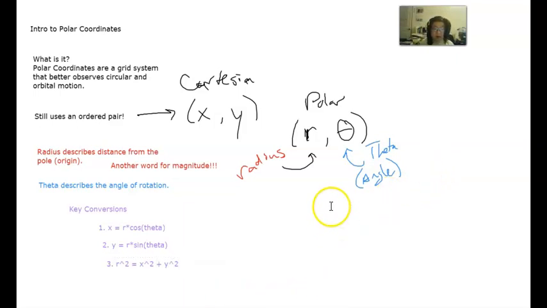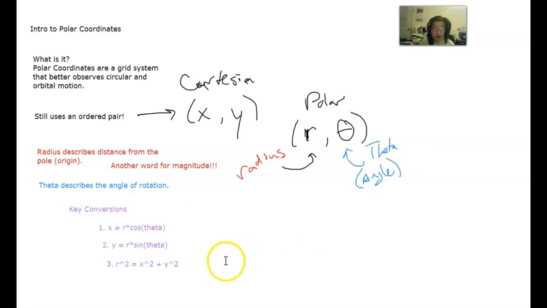Remember, x being a fully horizontal movement and y being a fully vertical movement helps you describe the two sides of a right triangle. And of course, what's the hypotenuse of that right triangle? It's the radius of whatever point you're trying to plot in polar. So there we go. That's the last conversion you need.